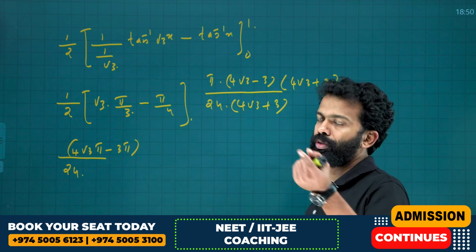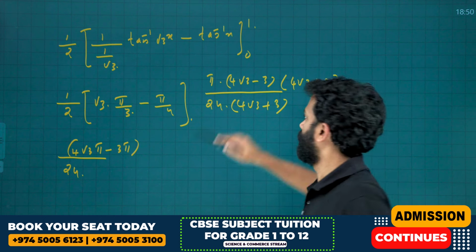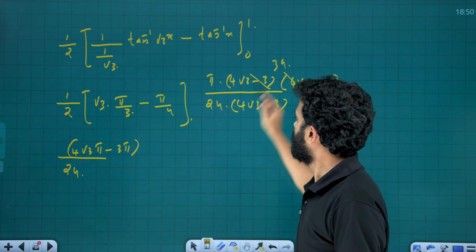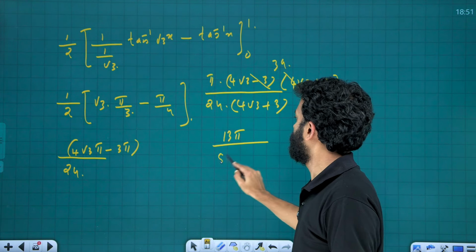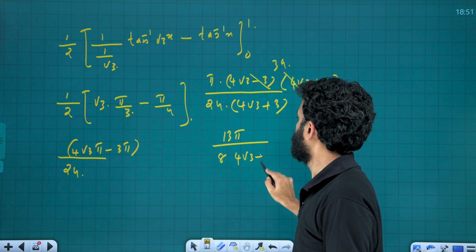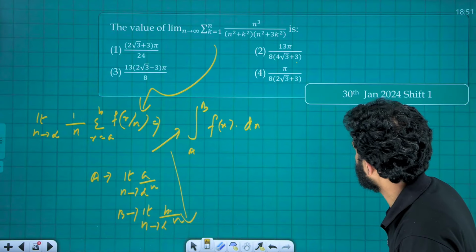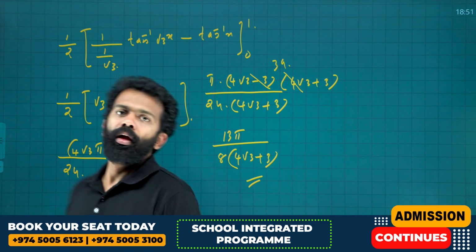That is 4 root 3 square, that is 16 into 3, 48, minus 9, that is 39. So this will get transformed to 39, divided by 3. That is 13 pi divided by 8 into 4 root 3 plus 3. Okay, this is the final answer, hopefully. 13 pi divided by 8 into 4 root 3 plus 3. Okay, that's it. Done.